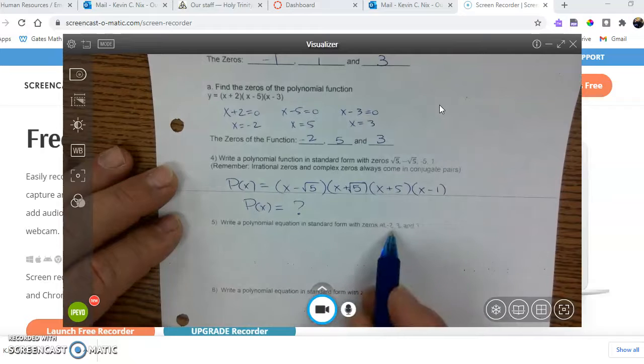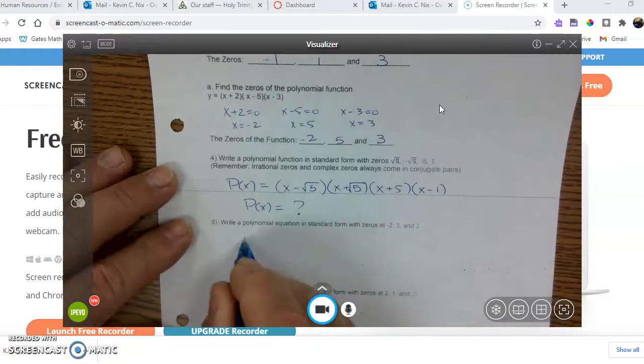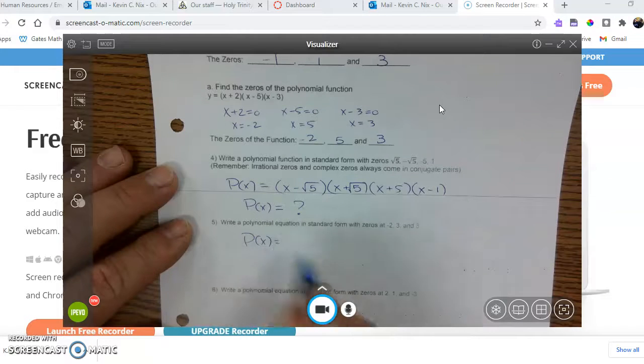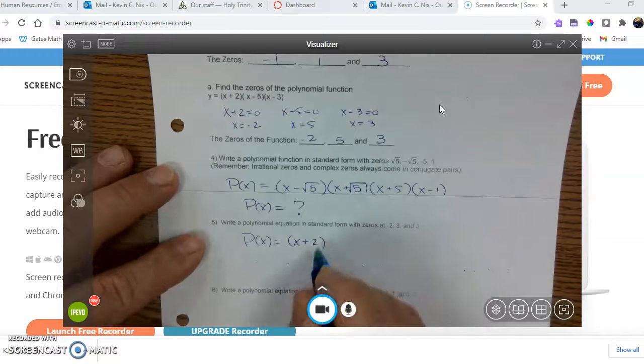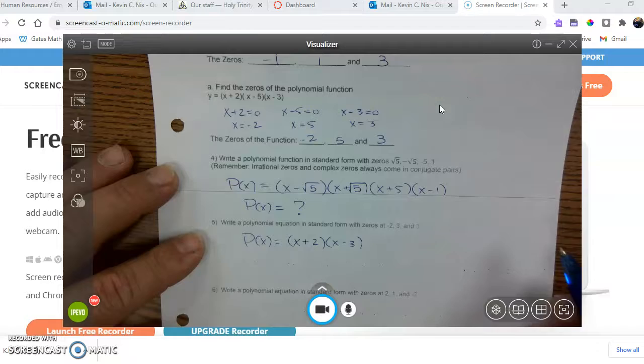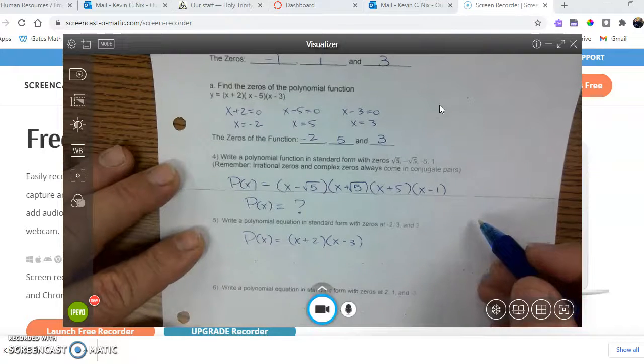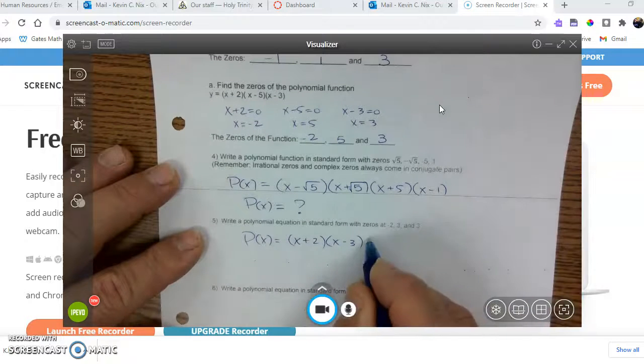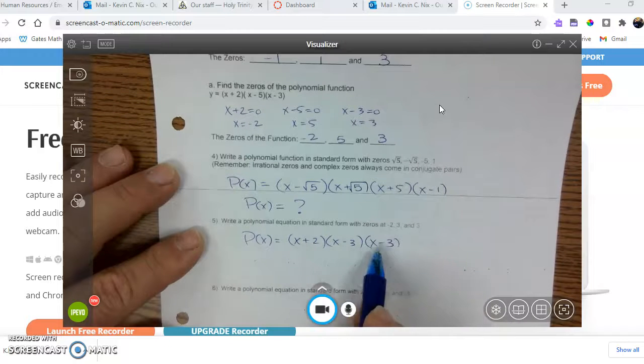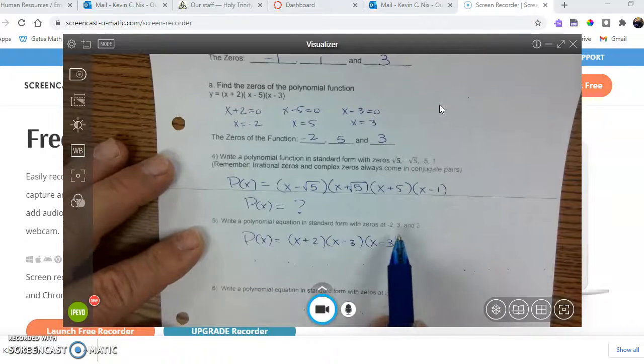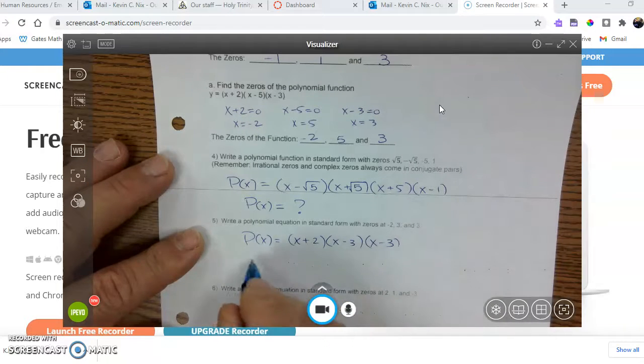Number 5, the zeros are -2, 3, and 3. So P of x equals x plus 2, x minus 3, and x minus 3. Okay, this is called a duplicate answer because there's 2 of them, or sometimes we call that a multiplicity of 2.